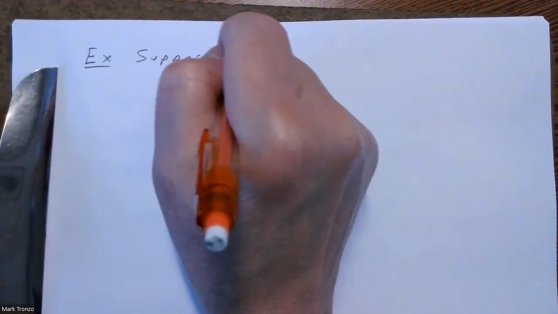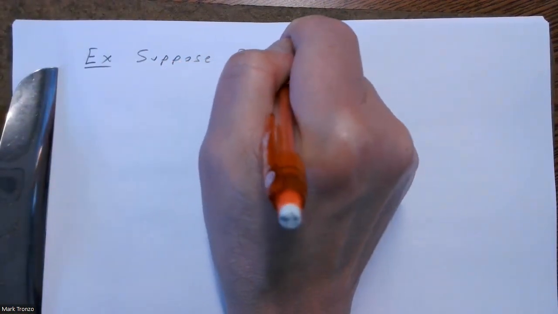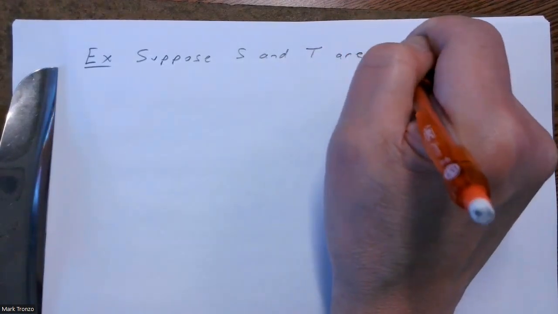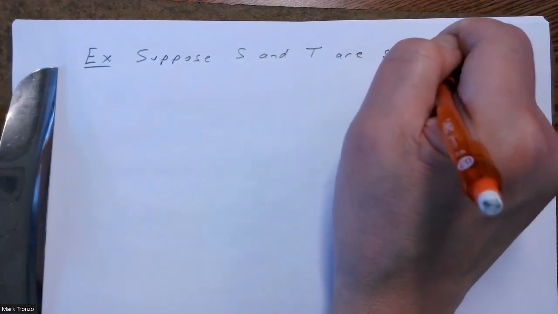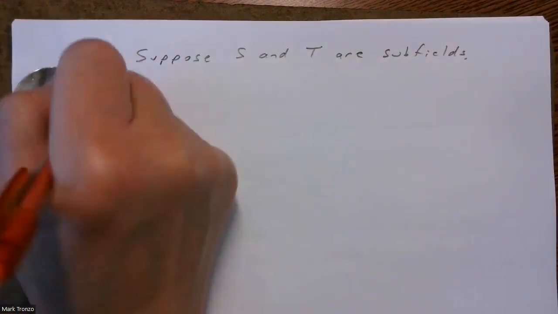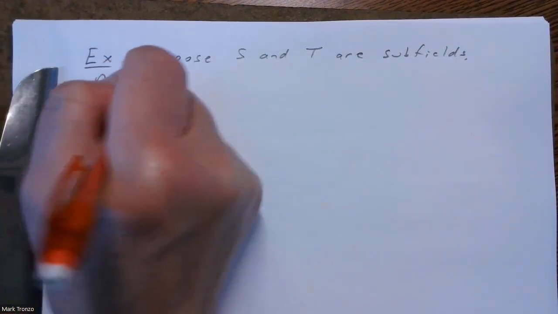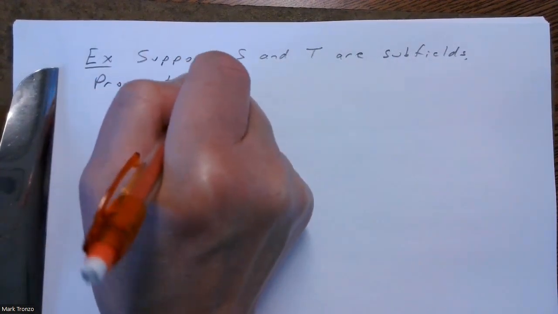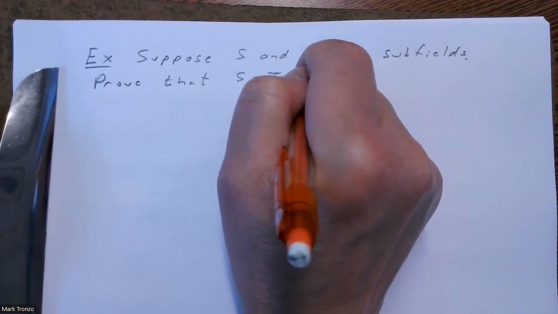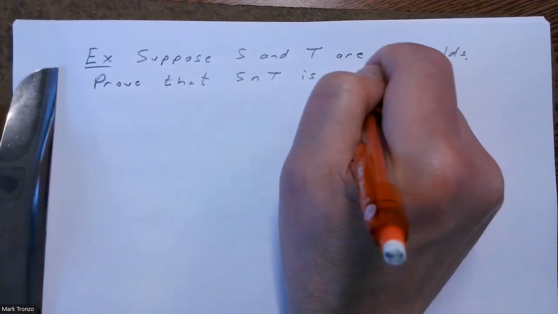Suppose S and T are subfields. Prove that S intersection T is a subfield.